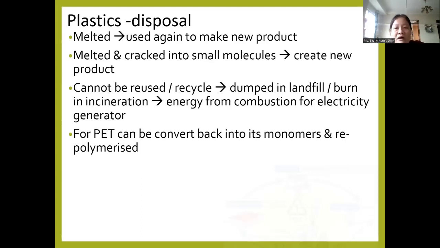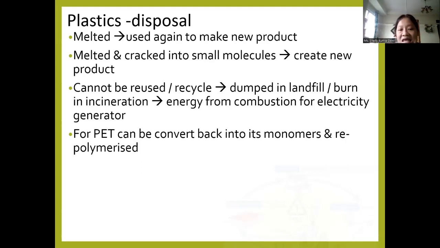The energy from the combustion can be used for electricity generation, but this is also dangerous because it will produce toxic gas, usually one called dioxin, but not all of it is dioxin, it really makes toxic gas.